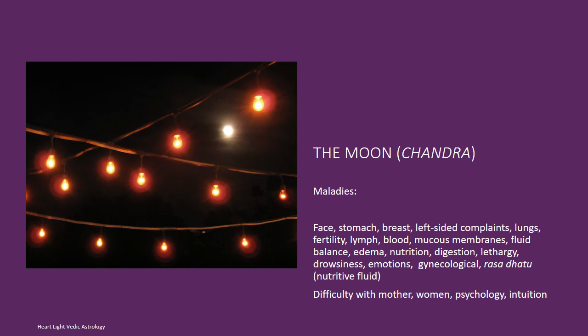The breast tissue, left-sided complaints, which is in contrast to the sun. The sun represents right-sided complaints. The lungs, fertility, lymph and blood fluid, mucous membranes, fluid balance in general, edema, swelling, nutrition, digestion, these things require a lot of water.